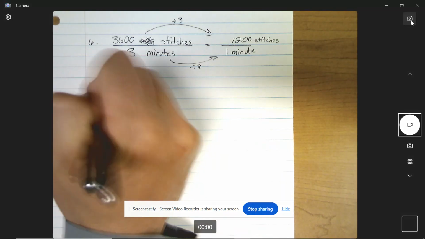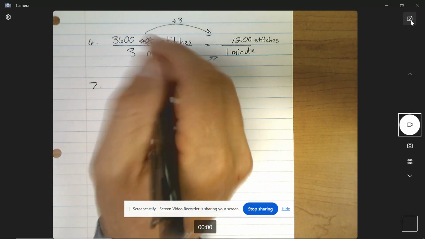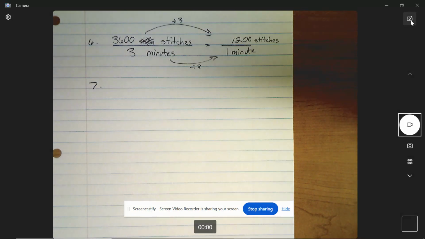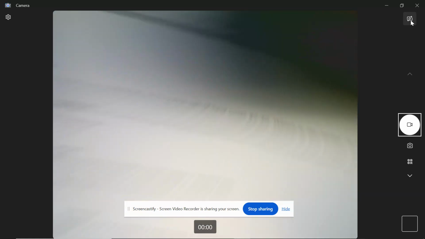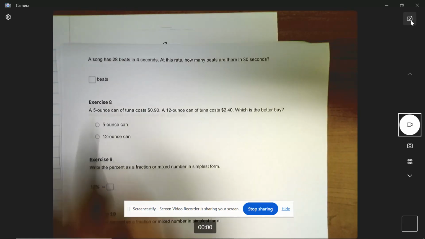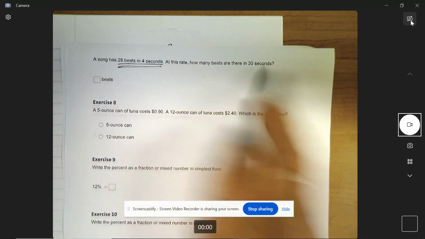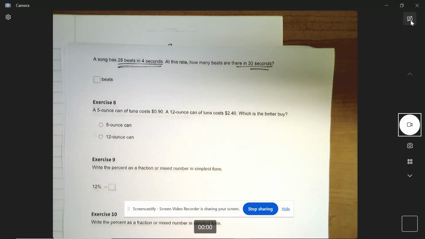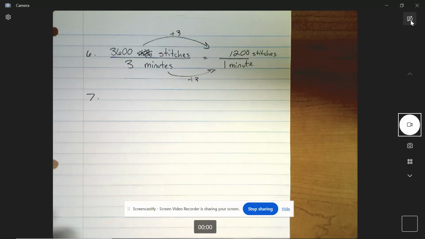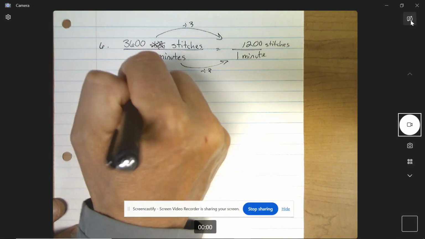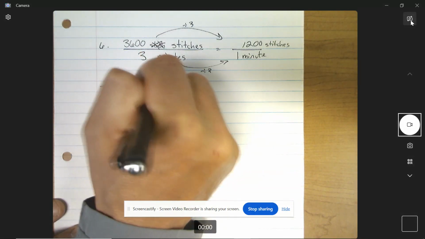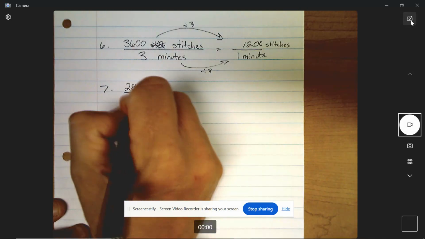Number 7. All right. Oh, this one is a different one. Let me show you this one. It says a song has 24 beats in 4 seconds. How many are there in 30 seconds? So let's look at this one. It says 28 beats in 4 seconds.